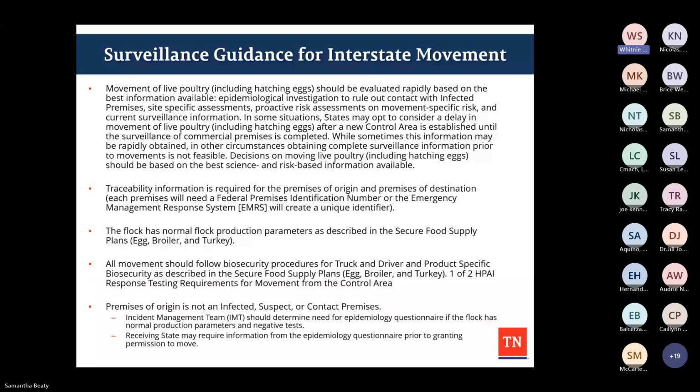And this especially comes into play when we're talking about moving between states, because the destination state, if you're sending eggs or birds to another state, they ultimately have to approve that permit. So they will want to really know that you're following all of these surveillance and biosecurity guidelines. Next slide.